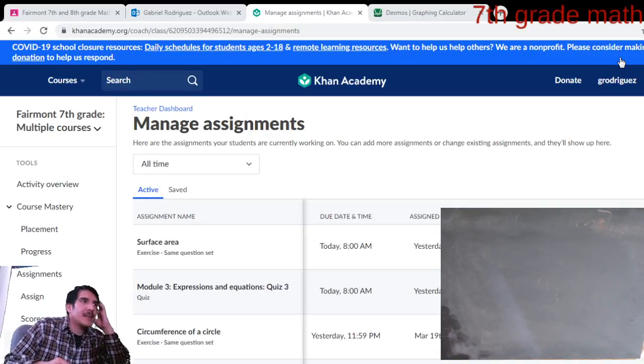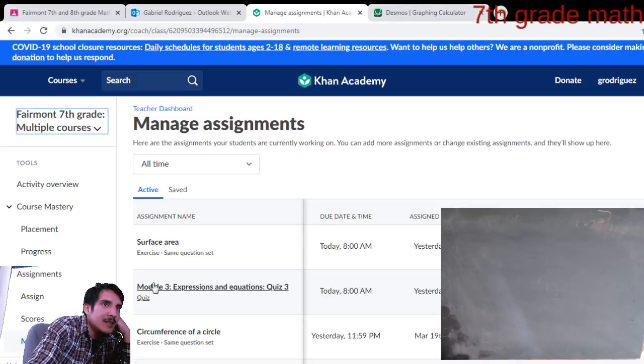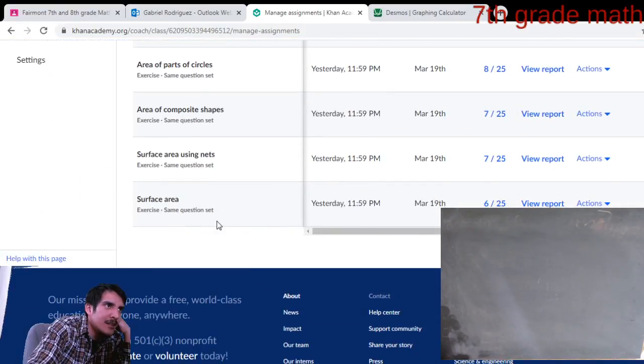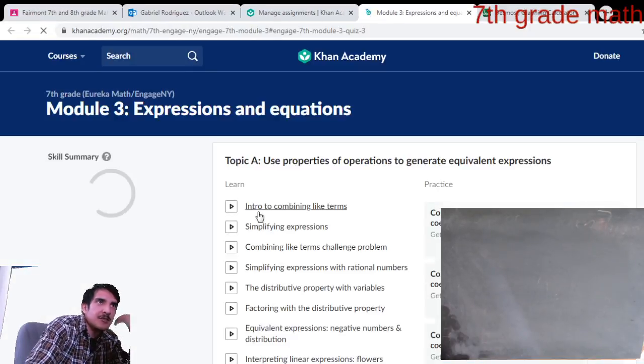That being said, let's look at what we're doing today. Today we are doing Module 3, Quiz 3. I think we already did surface area, so I'm just going to hit this quiz, because that's the only thing that I had assigned for you all today.